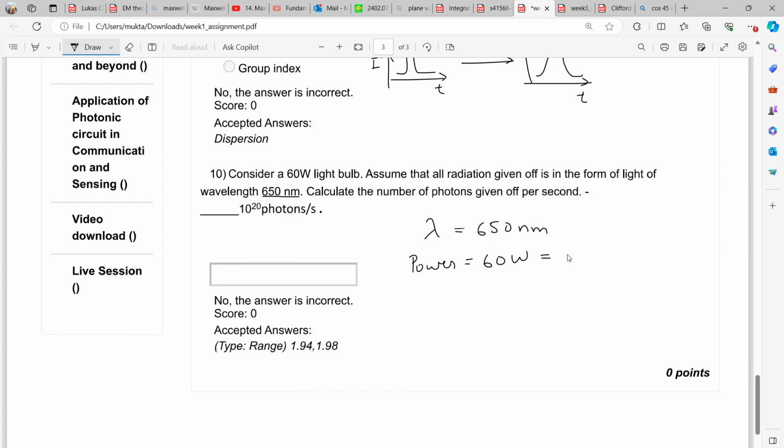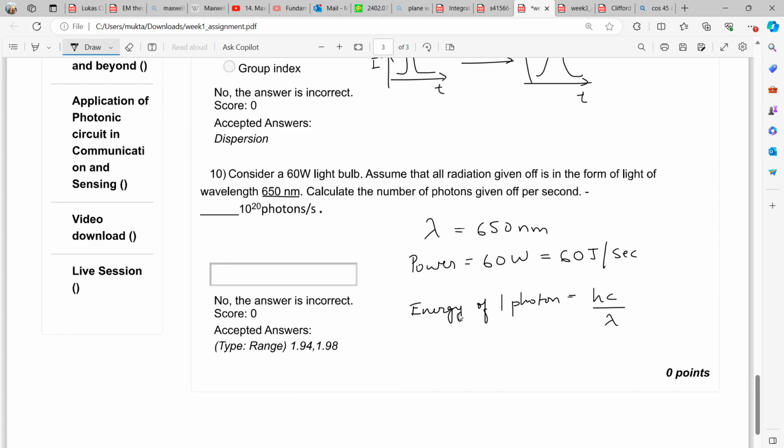What does it mean? It means that it consumes 60 joules of energy per second. Since we know the wavelength of the photon, we know the energy of one photon. Energy of one photon is nothing but hc over lambda.